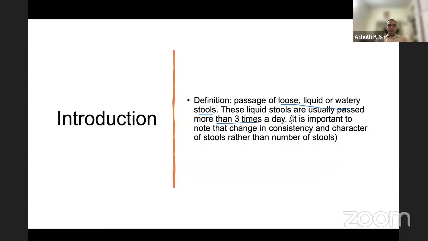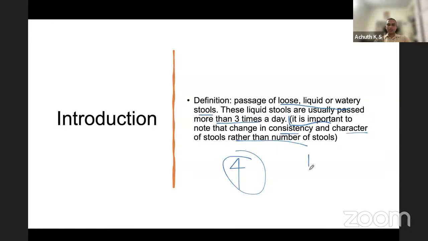It is important for your viva to remember that it is the change in consistency and character of stools rather than the number of stools. If someone is having stools 4 times a day, and there is no change in consistency or character, then we don't say it is loose stools or diarrhea.